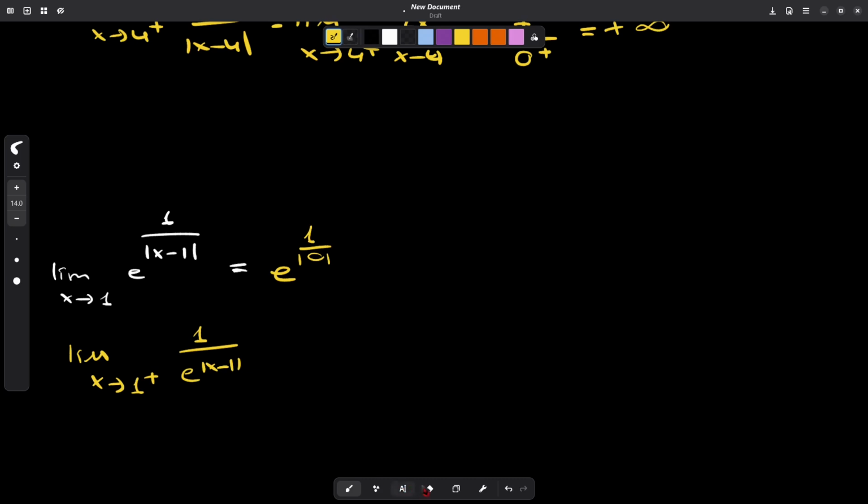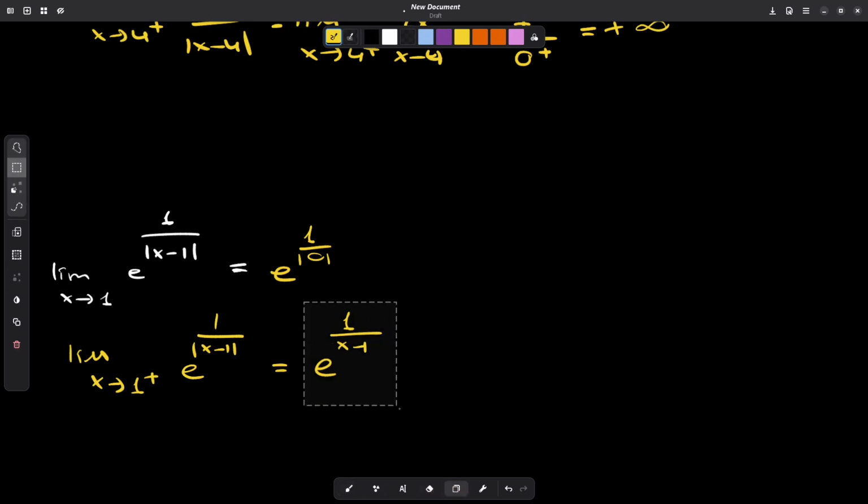Wait. Oh, I wrote it wrong. e to the 1 over the absolute value of x - 1. Okay. So now, of course, I am greater than 1. Therefore, I am going to write this as 1 over x - 1, as we didn't write our limits.